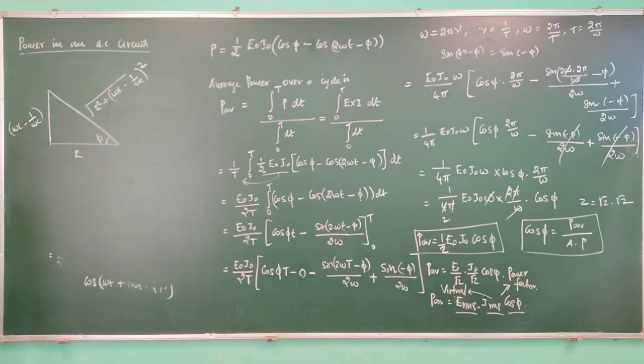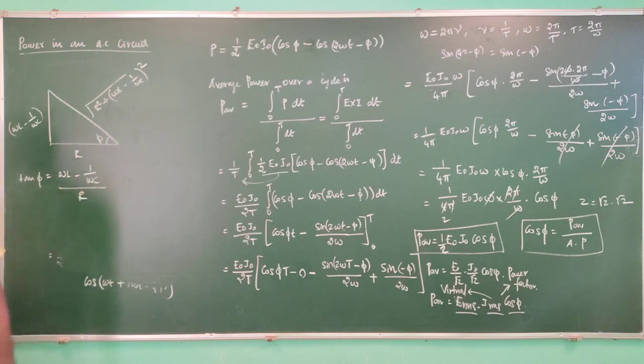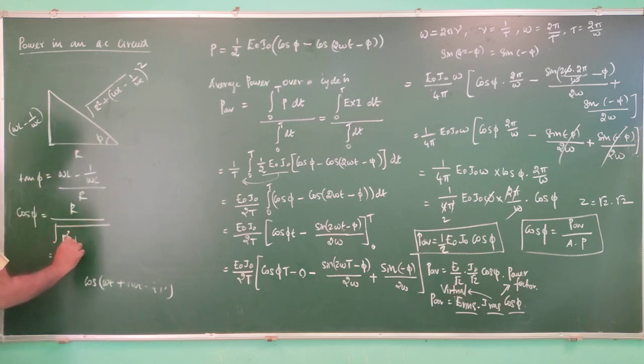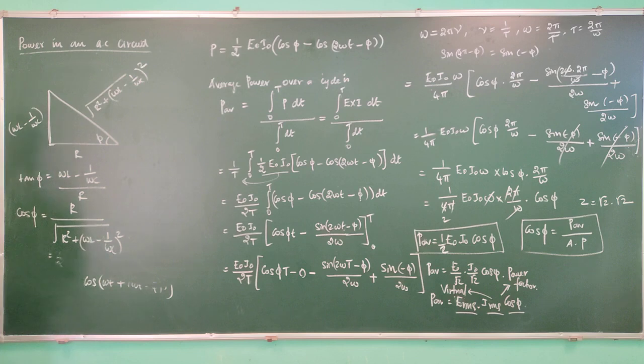So if a circuit consists of an inductor, capacitor and resistor, then you can write the formula for tan phi, right? Tan phi is equal to (omega L minus 1 over omega C) by R. In that case, if you write the power factor cos phi, it becomes R by square root of R square plus (omega L minus 1 by omega C) the whole square.